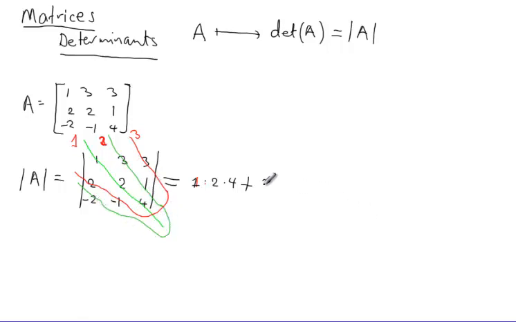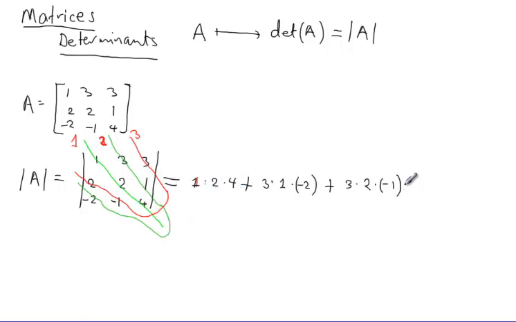Then I write 3 times 1 times minus 2. Do you see why I'm putting my brackets there? I don't want to cause confusion. Plus 3 times 2 times minus 1. Then I'm done with that kind of parallel.